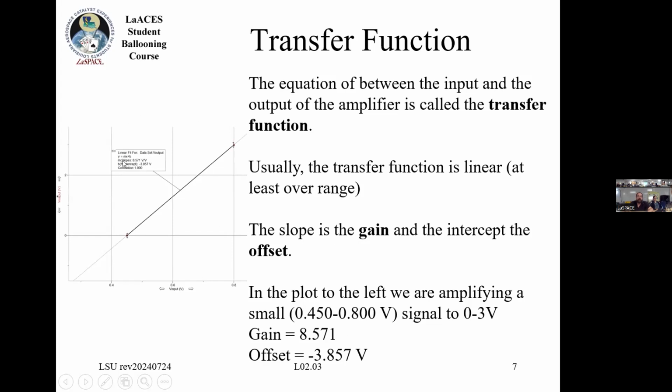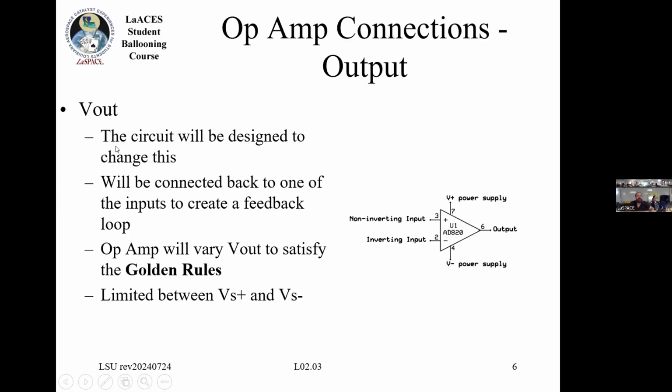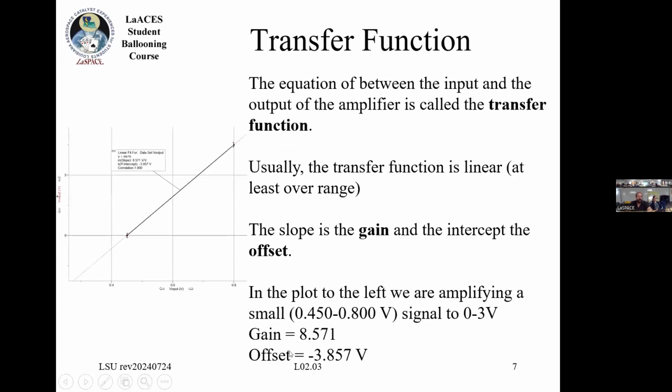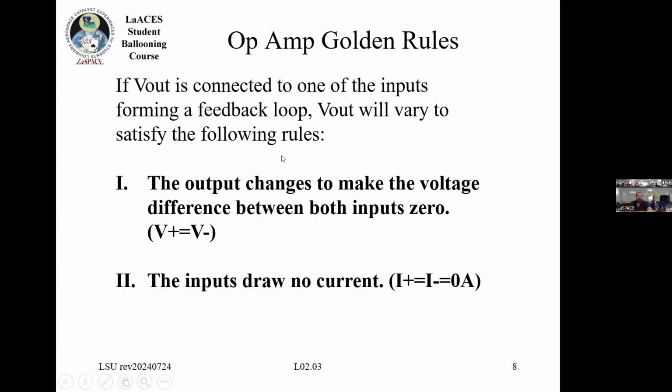That gives you the equation of this line. It's a little bit hard to read, but it has a slope of about 8.5, and an offset of about 3.8. But that gain can be in the thousands, and like I said, it can be negative, or it can be between 0 and 1.